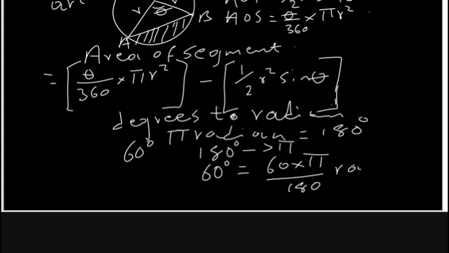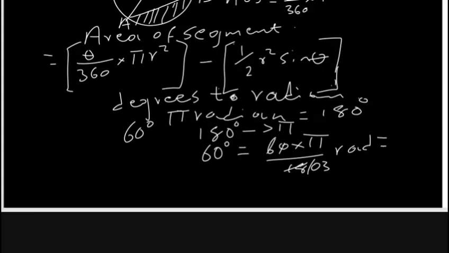That's what I'll have here. So this one and this one, this will be 3. So that will simply be pi divided by 3, pi over 3 radians.